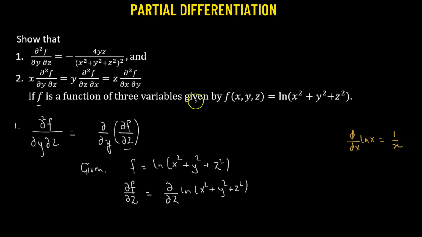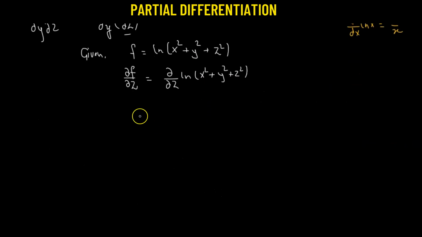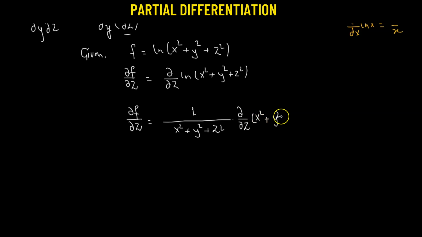So we'll use the same formula, and this will give us partial of f with respect to z equal to 1 divided by x squared plus y squared plus z squared. Now we'll also need to multiply it by the partial with respect to z of x squared plus y squared plus z squared, which is obtained as a consequence of applying the chain rule.